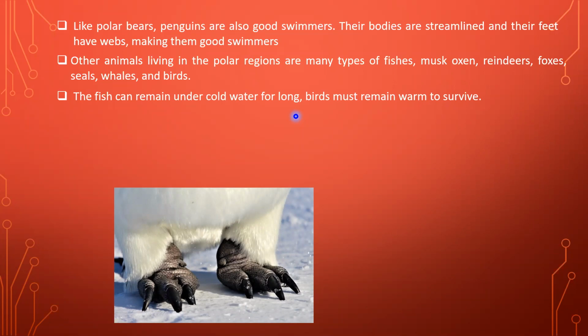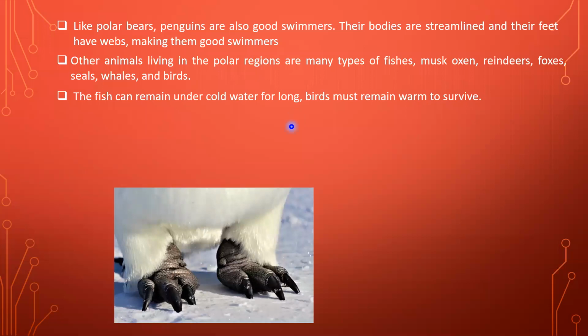A very thick layer of snow or ice is there, and below that those fishes are living in that cold water for a very long duration. So that means those fishes are not coming upward for a very long duration.